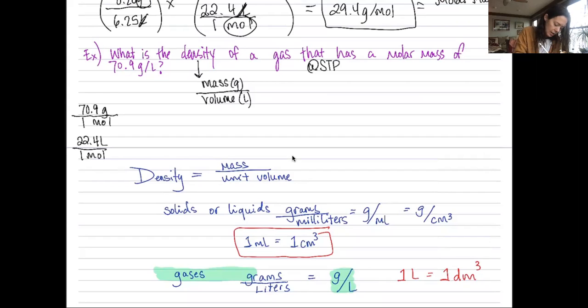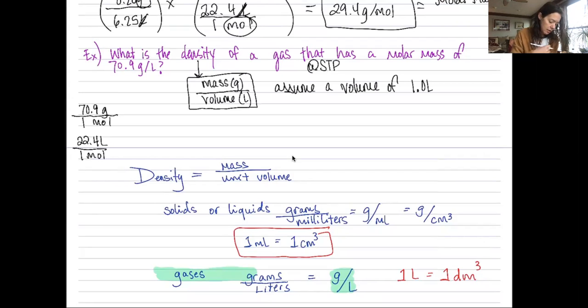And I need a mass over a volume. Well, let's assume a volume of 1.0 liters.